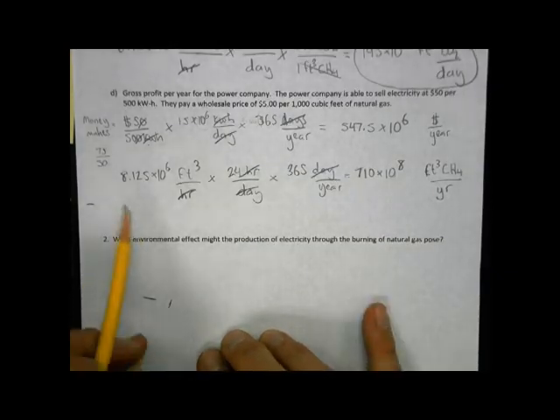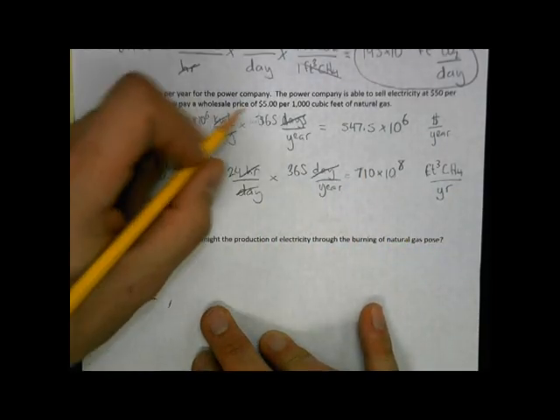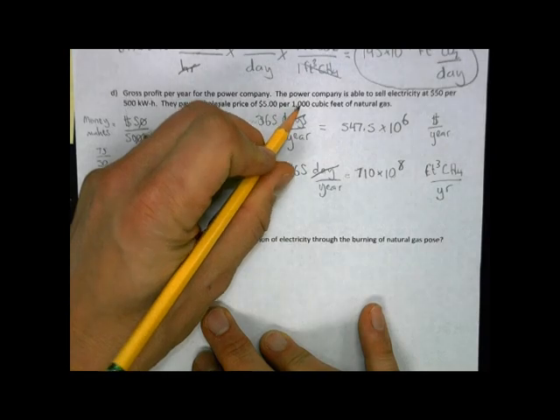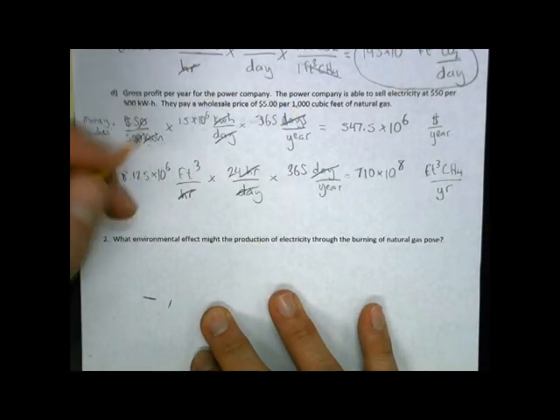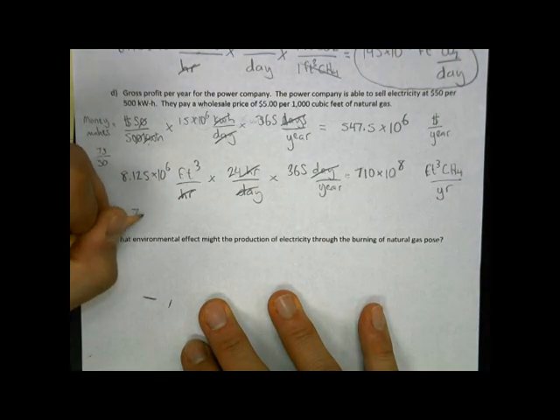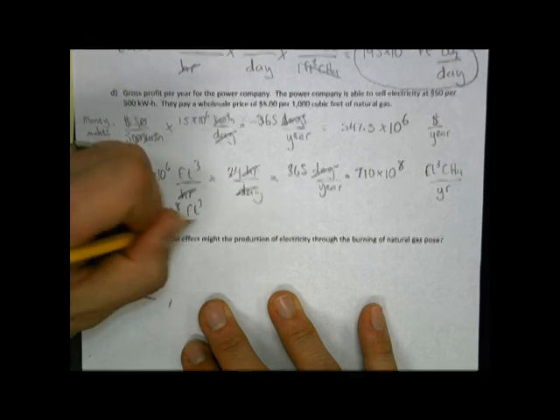All right, next step. So that's how much gas, and it told us before that they pay a wholesale of $5 per 1,000 cubic feet of natural gas. So I've got my number here, 7.1 or 710 times 10 to the 8th cubic feet per year.